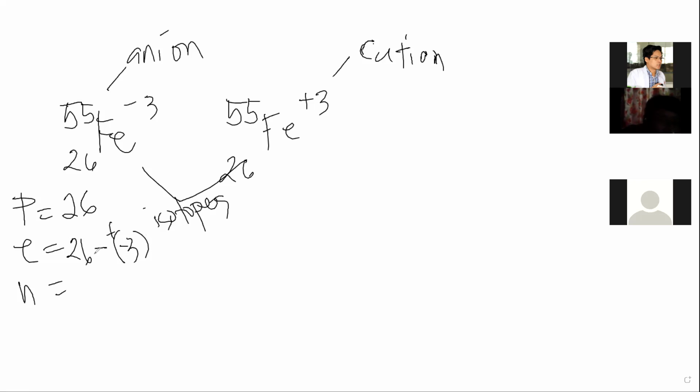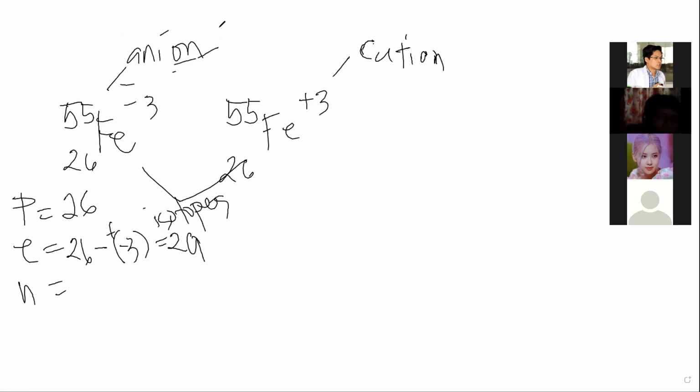So 26 plus 3 will become what? 29. Correct. So the number of electrons is 29. Why 29? Because this is an ion.